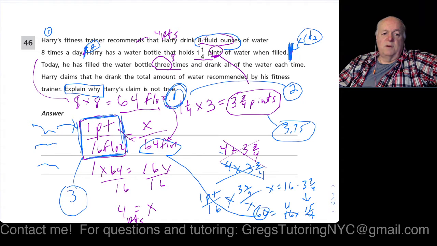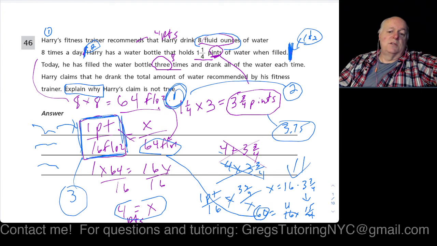So he's off by 4. If you notice, that's the same 4 we got earlier. Right? 64 minus 60 is what he's supposed to be doing. He drinks 60 by using this alternate solution I did right here. So we can go both directions, and this is a way to double check your answer sometimes as well.